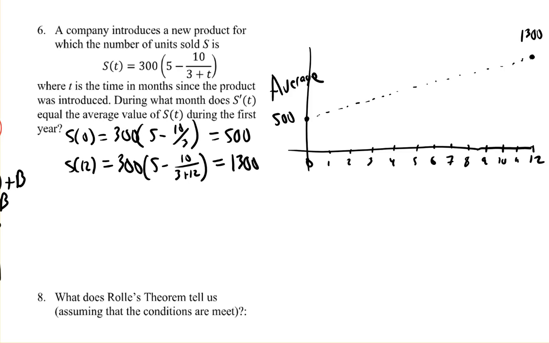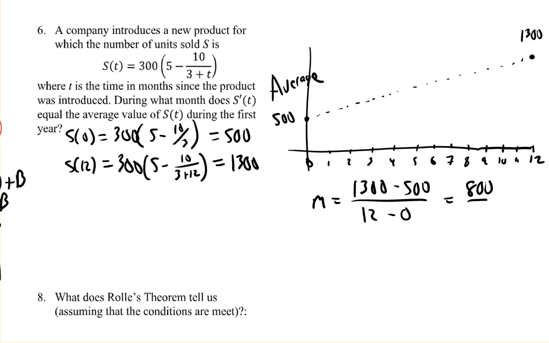Okay, so think about the mean value theorem. When it says mean, the word mean is like the average. So I can find the average here: the difference between this and this divided by the number of months. But again, that's really just like the slope formula. If at the end I ended up with 1,300 cells and I started with 500 cells, it means I've increased by 800 cells.